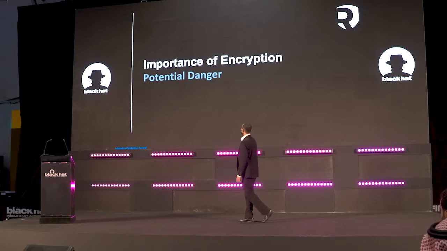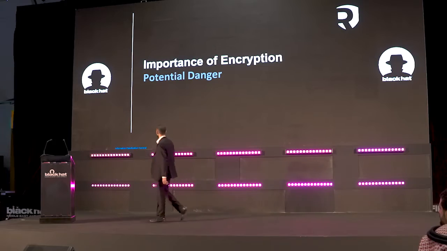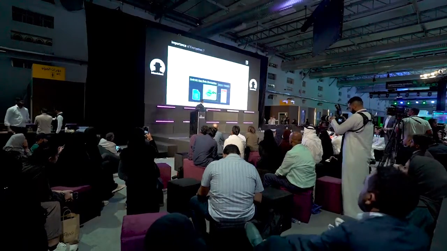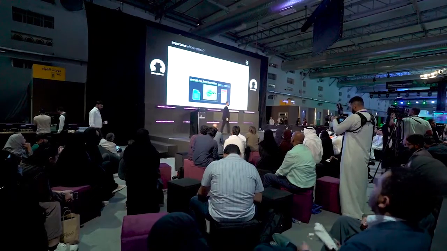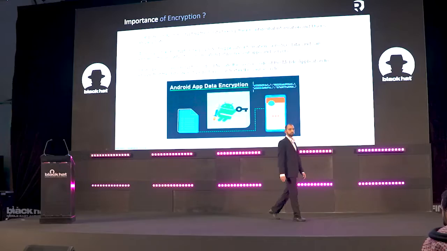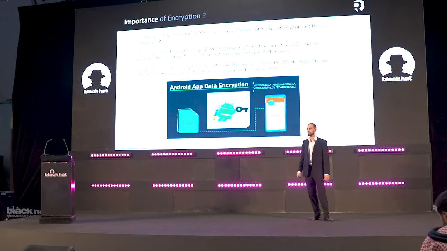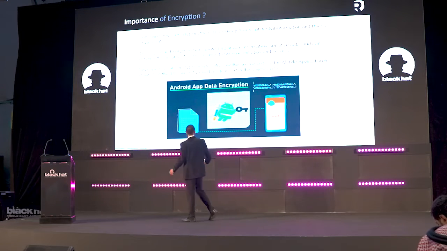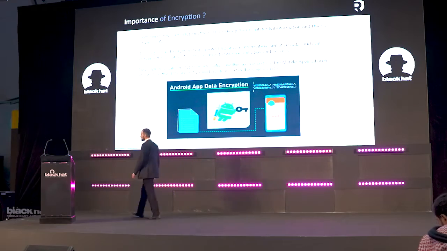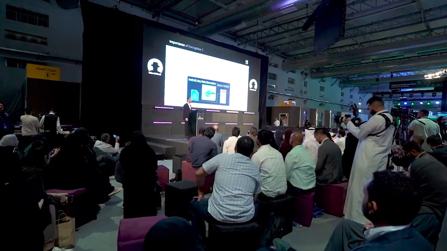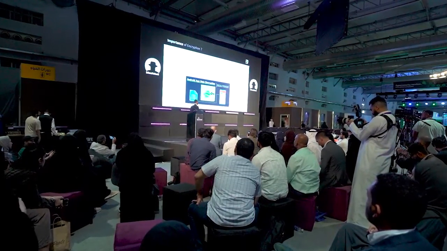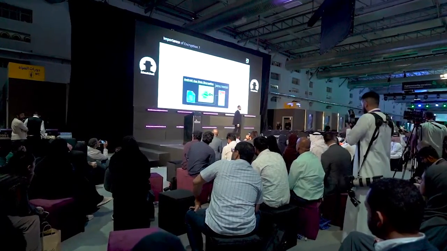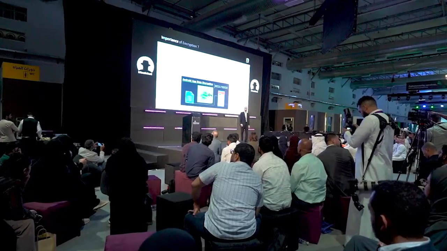So, importance of encryption and the potential danger that may happen from it. We all know that companies usually use encryption in order to encrypt their data and to ensure their safety, like safety against disclosing sensitive information or breached data from being exposed to hackers.